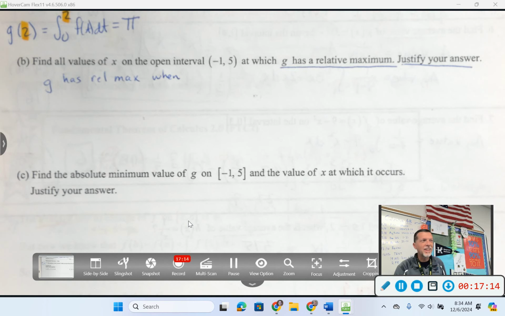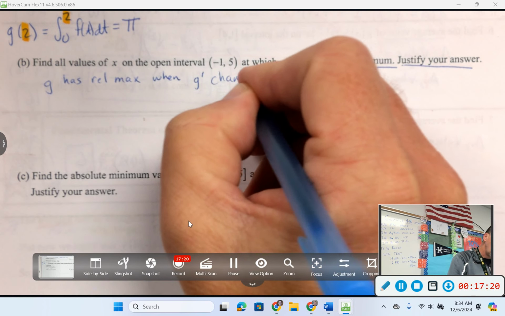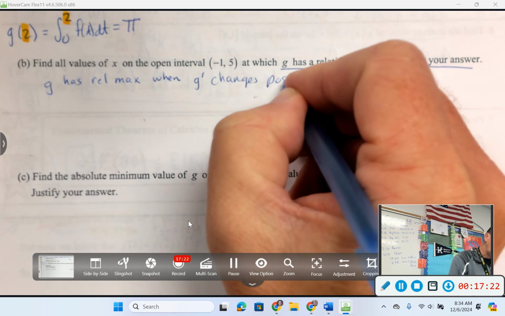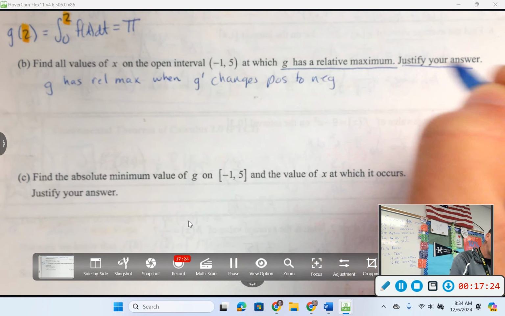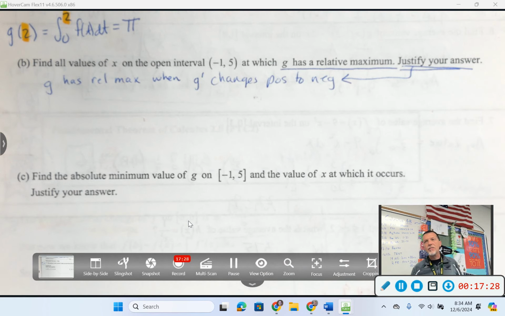What's going positive to negative? We've got to be clear here. G prime. So when G prime changes positive to negative. That's my justify statement. So that's what I'm looking for.